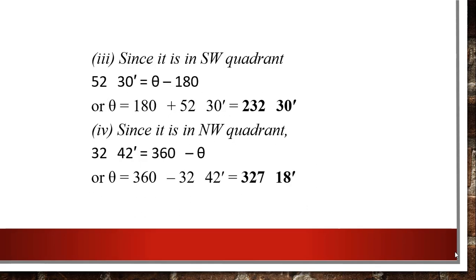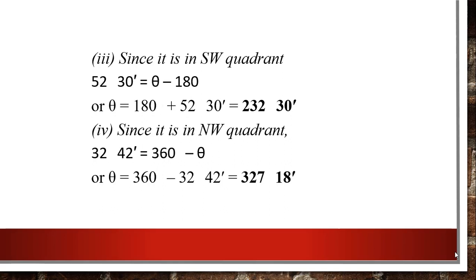Now, for the solution of the third value, since it lies in the southwest quadrant, that is 52 degree 30 minutes southwest, for getting the whole circle bearing you have to add 180 degree to the RB value, that is 180 plus 52 degree 30 minutes, and you will get the whole circle bearing as 232 degree 30 minutes.